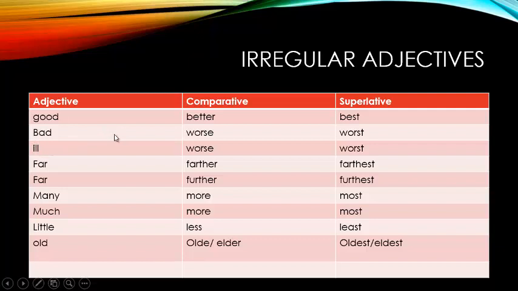Ill will be the same, worse, worst. He got coronavirus, he got worse, he got worst of his family, and he died. Okay, far, you can see there are two. If you mean the distance, you will use farther and farthest.